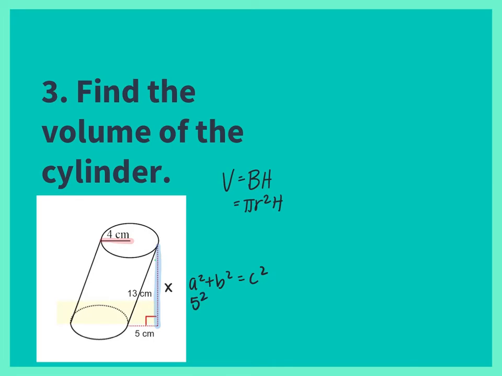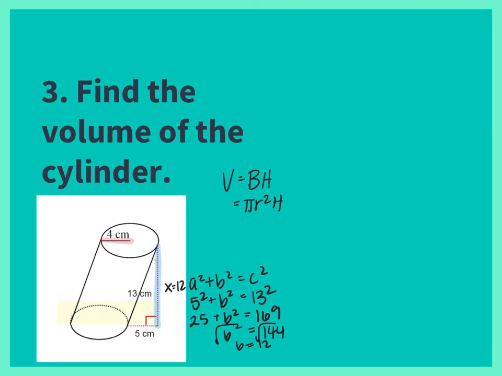I know a is 5. I don't know b. That's what we're trying to find, the x. And then c is 13, so 13 squared. 25 plus b squared equals 169. I have b squared equals 144. So when I square root, I get b equals 12. That means that our height is 12.